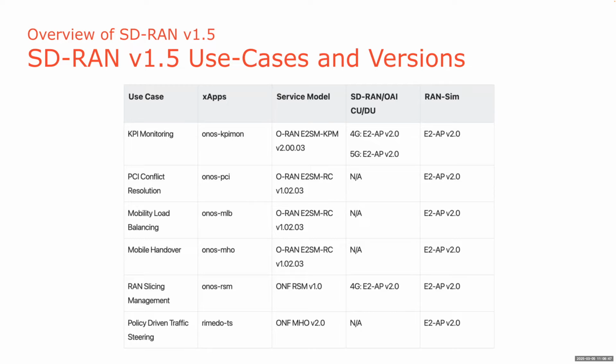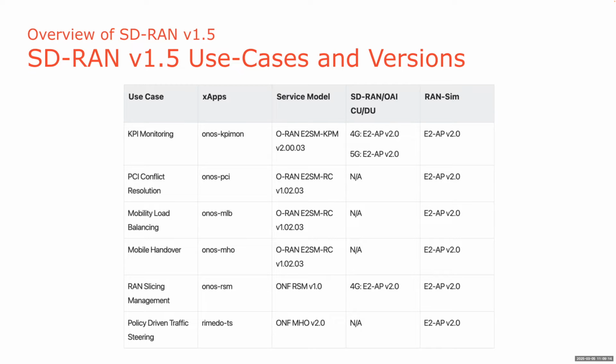And they are working with the ONF's KPIMon, PCI, MLB, MHO, RSM, and Realtime traffic steering xApplications, respectively. But the only change is the service model versions and E2AP versions. The KPI monitoring xApplication uses E2SM-KPM version 2.0.3.